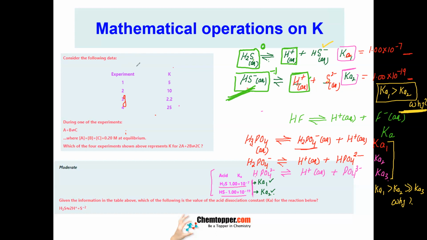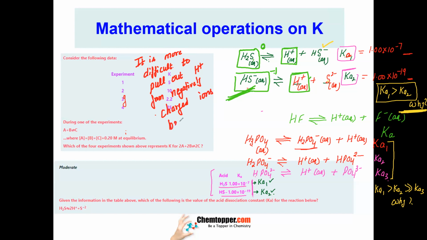So you can write down in brief, it is more difficult to pull out H plus from negatively charged species, negatively charged ions, you can say, because of more attraction.